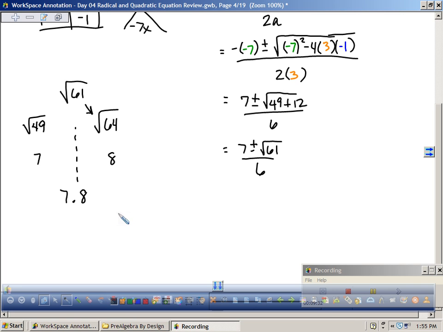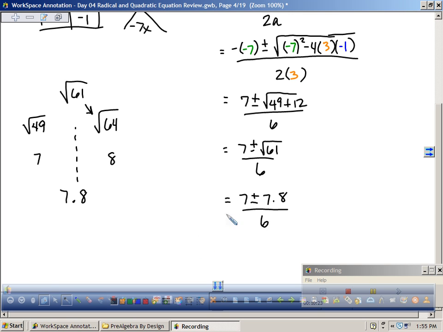Make sense? You're applying logic, exactly. That's what you should be doing. Just because you can use calculators in this class, you will learn quickly that you should not rely on those calculators solely. Correct? Okay, so now I know I have 7 plus or minus 7 and 8/10 all over 6.